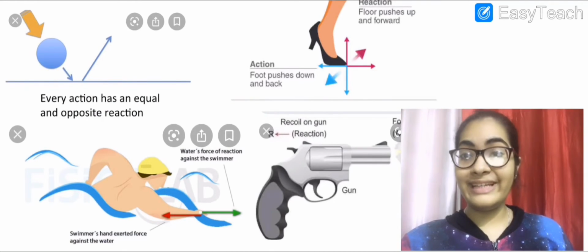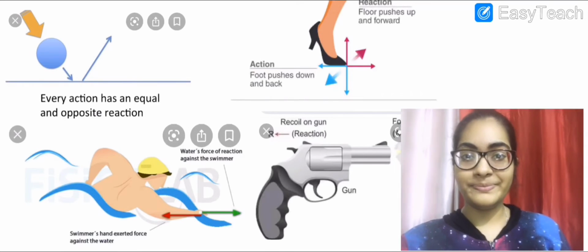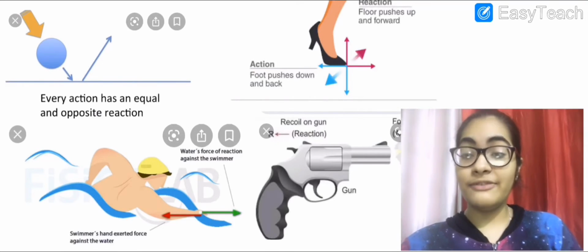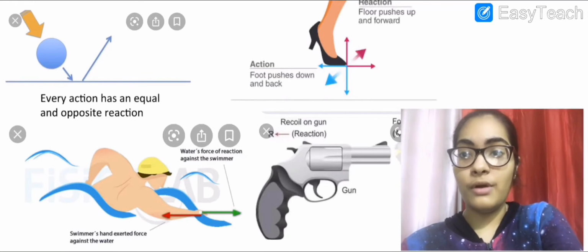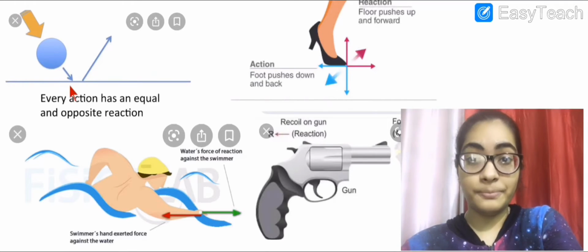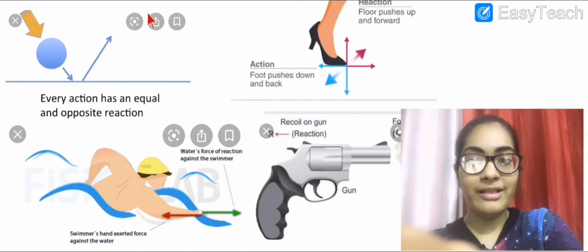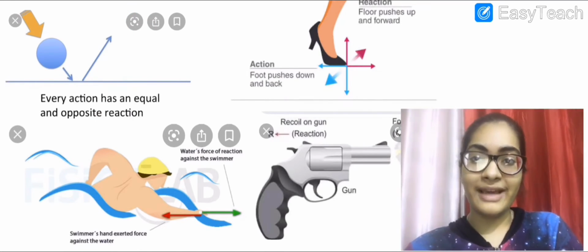Now children, let's see beautiful examples of Newton's third law. Right? Let's see the first example. The ball strikes on the floor. The ball exerts a force on the floor, and the floor exerts a force back on the ball, and the ball rebounds in this direction. Right?